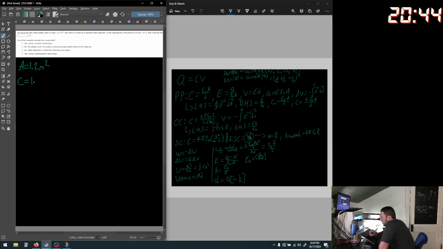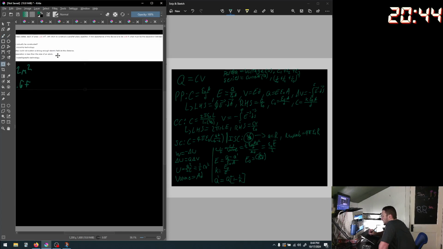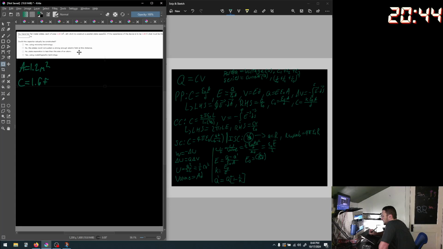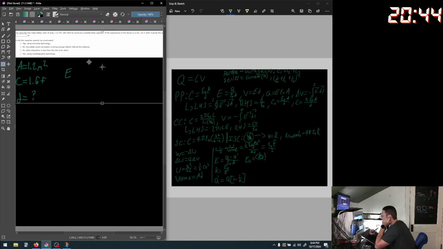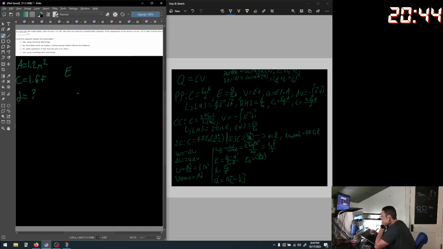C equals 1.6 F. And it's asking us what must be the separation of the plates. So D equals question mark. Now, two flat metal plates. This looks like a parallel plate problem. Are we given an E? Given any other numbers? Nope. So we just have area. No charge.